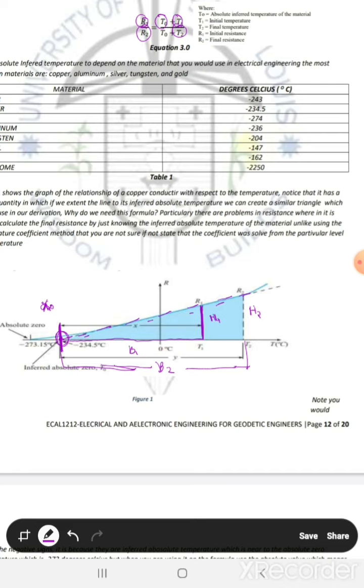So this is your negative 234.5. Let's say this will be your T0.